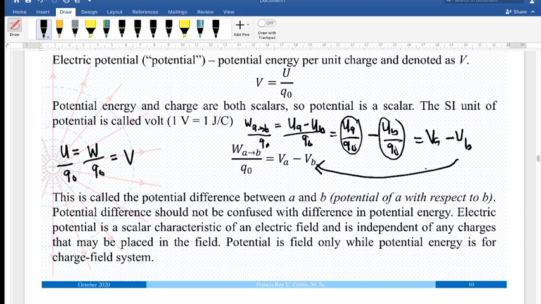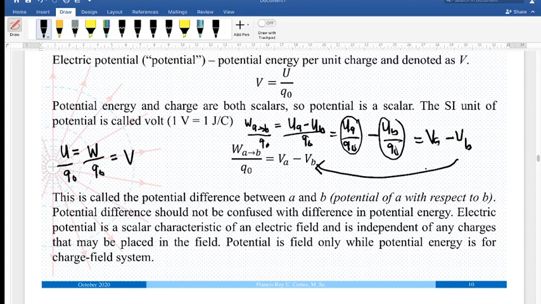If I have a source charge, it will create a potential at any point in space, and if you have another test charge moving in the same space as the source charge, it will also create a potential energy. That is another variable due to that charge system.